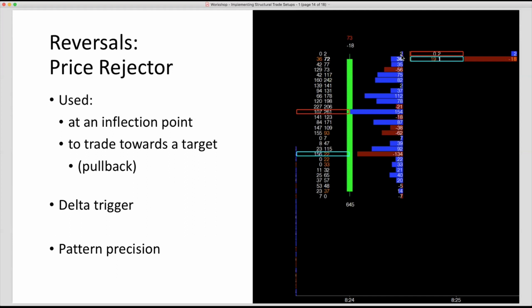And look, I've also got positive delta. The buying is being absorbed by passive sellers. So in dumbed down English, as price gets higher, fewer people want to buy. Sellers are becoming more aggressive, and all the buying is being absorbed by passive sellers. We can't really ask for much more to tell us that right now, this range of 3 prices is too high. And that's why I call it a price rejector.